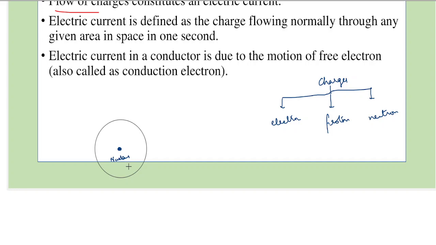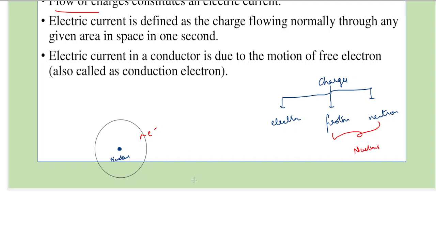The nucleus does not contain electrons. Electrons actually move around the nucleus in some orbits. The nucleus contains protons and neutrons. So these two together constitute the nucleus.